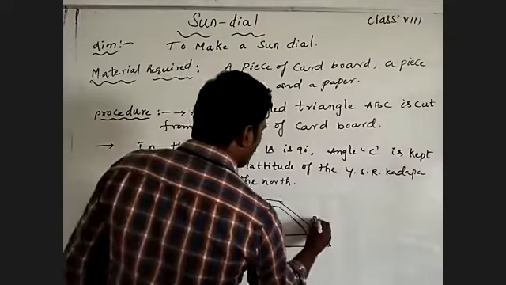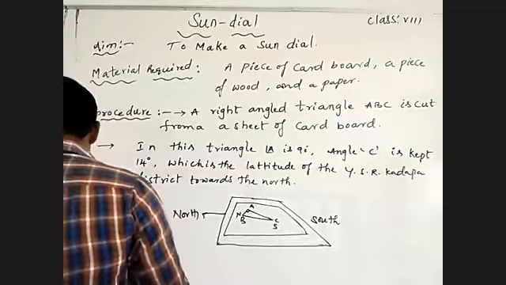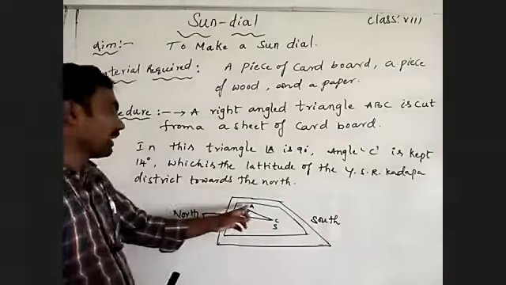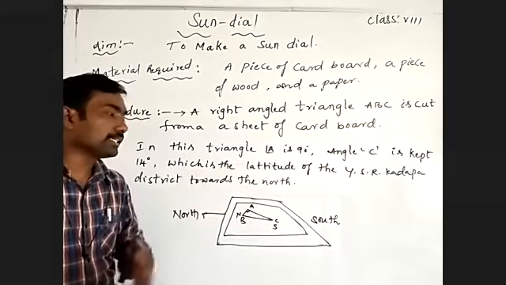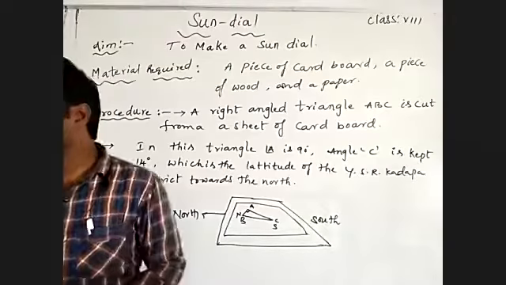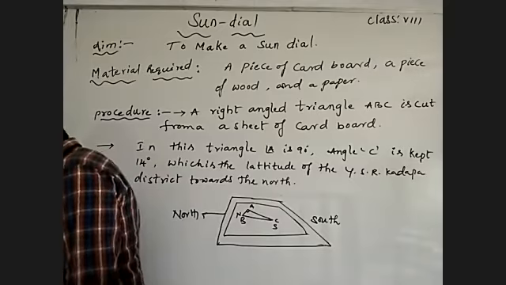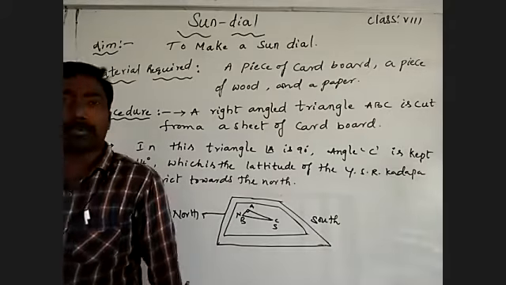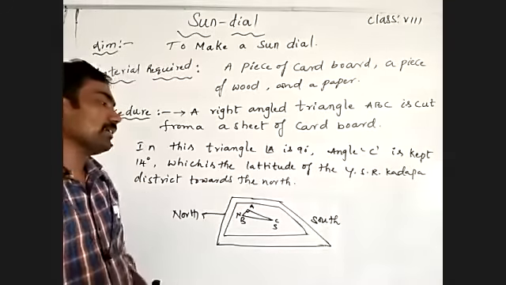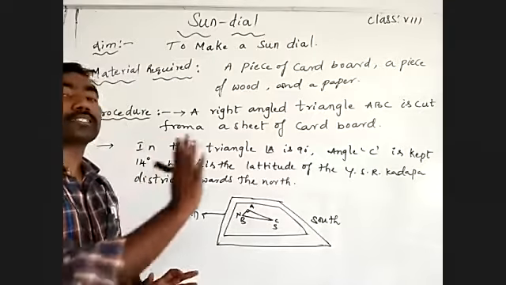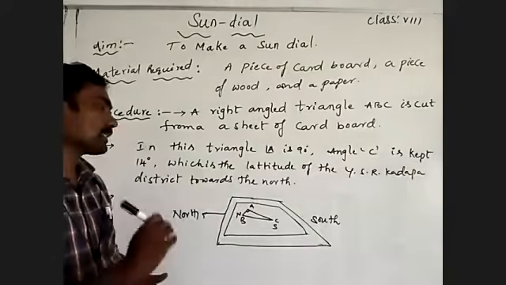So angle A should be 90 degrees and C should be placed at 14 degrees, the latitude of our place. B should be towards the north, meaning the 14 degrees angle is made towards the north.